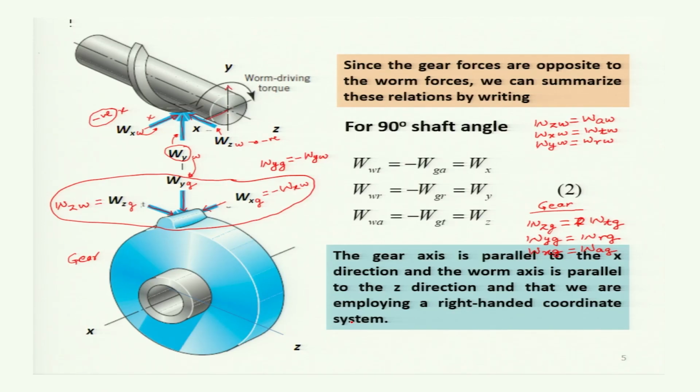Then it is called the right-hand arrangement. So what we are actually doing in this case is taking a similar type of arrangement. The thread formed on the worm is assumed to be right hand.